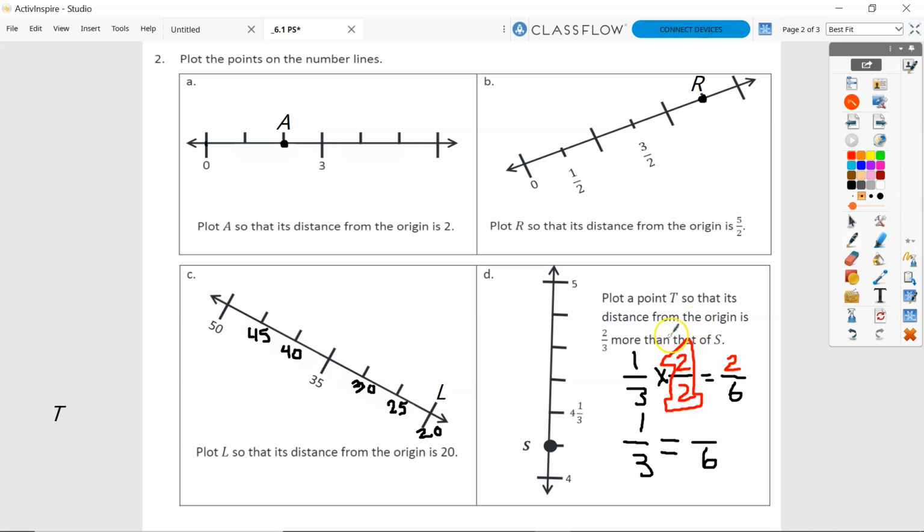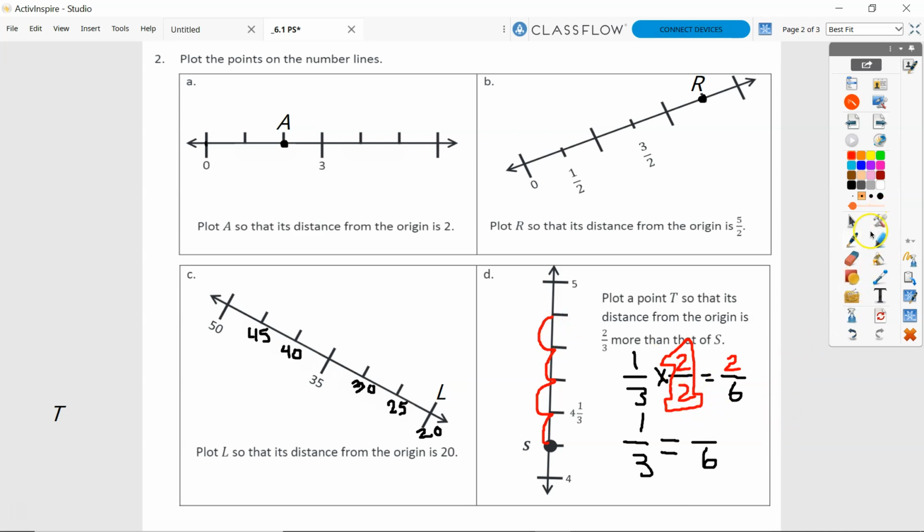So this is saying that we have to plot a point T so that its distance from the origin is 2/3 more than S. If 1/3 is 2 jumps, so that's 1, 2, that would be 1/3. I need to go 2/3, so I need to go double that and make it 2 more jumps.